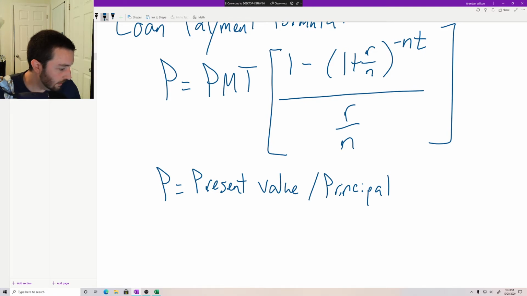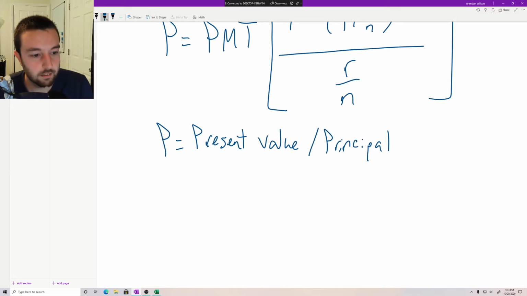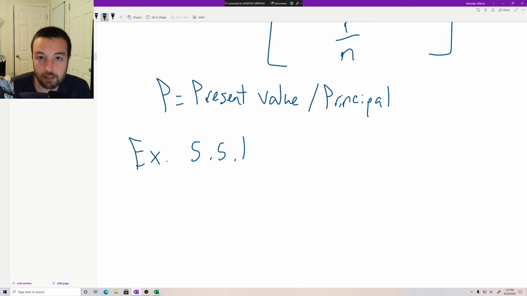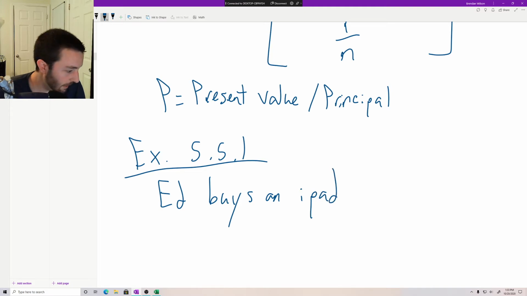Okay, let's look at an example. It's really all there is to do with these problems, because we just have to look at how we use the formulas. So I'll just summarize this because it's kind of long. Ed buys an iPad.